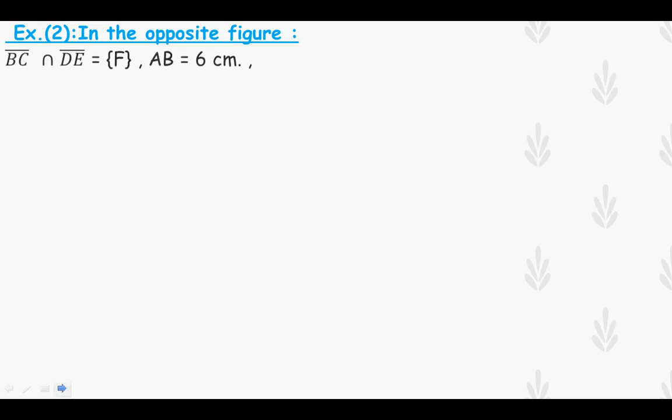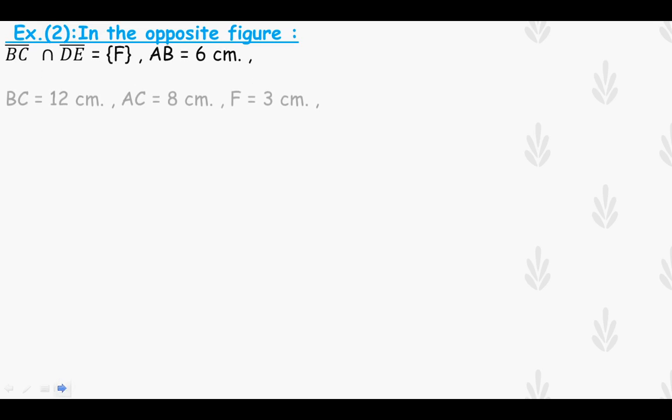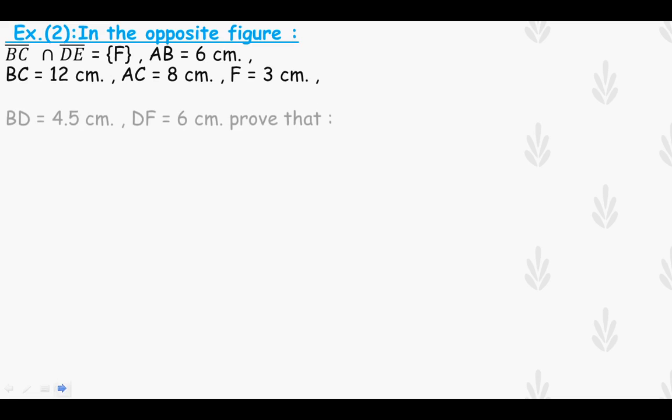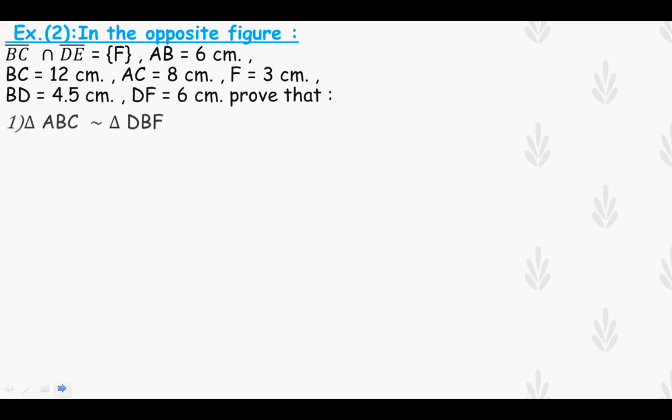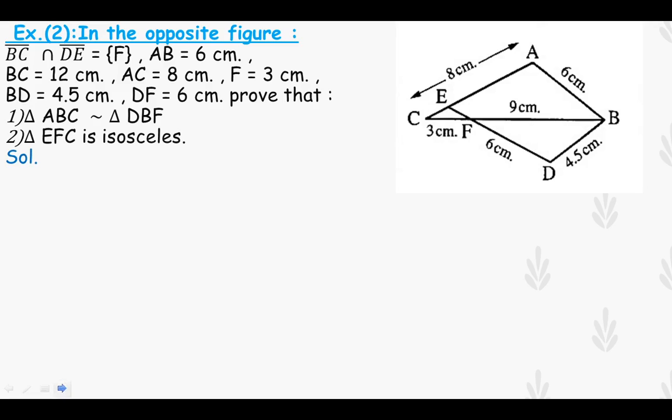Example 2. BC intersects DE at F, AB equals 6 centimeters, BC equals 12 centimeters, and you have the lengths of all the sides.